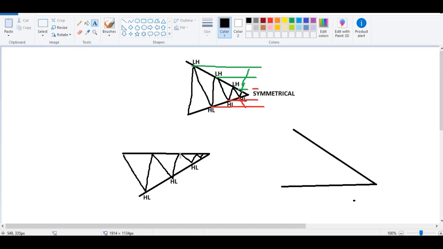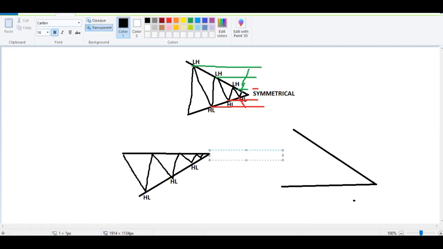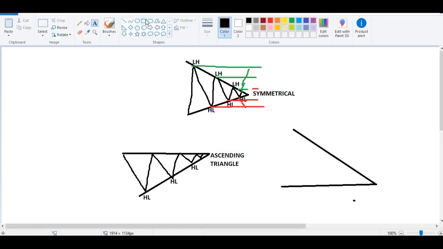We mainly want to see higher lows happening. So this is called my ascending triangle pattern. Now, just like our symmetrical triangle, the breakout in this can happen in either direction. If the breakout happens towards the upside, I will take a buy entry right on the breakout.